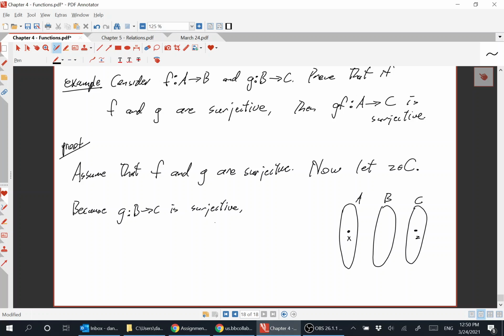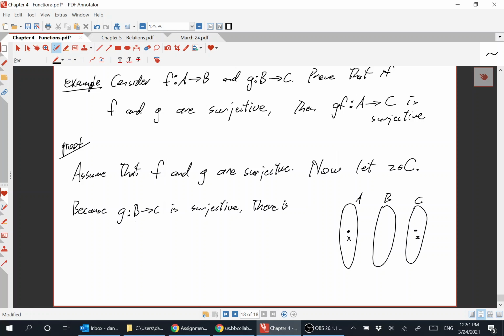Come on, guys. Because G is surjective, what? Z is in the range of G, and G is surjective.